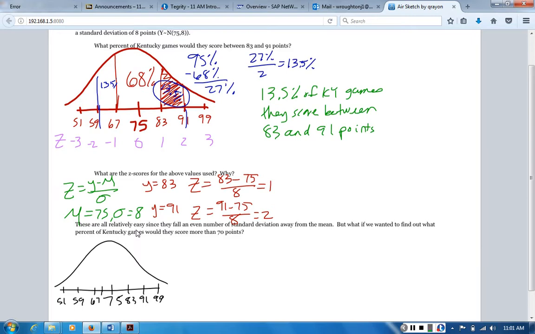Kind of about right there. And it says more than, so it would look like that. But I don't really have an easy way of coming up with that number. So let's figure out what we can do to help us here.